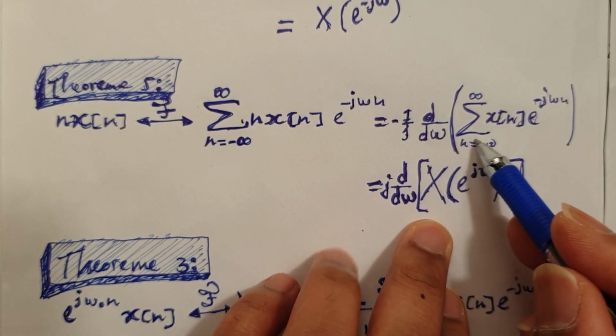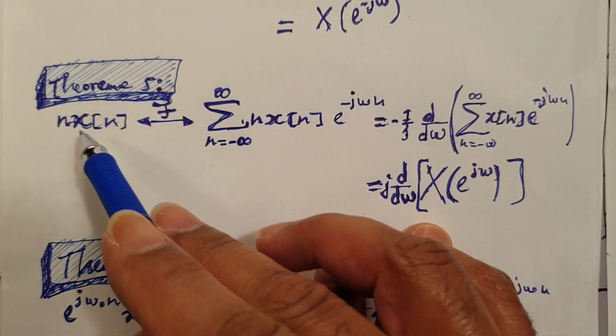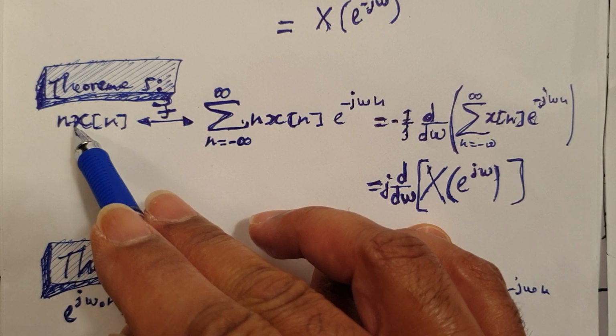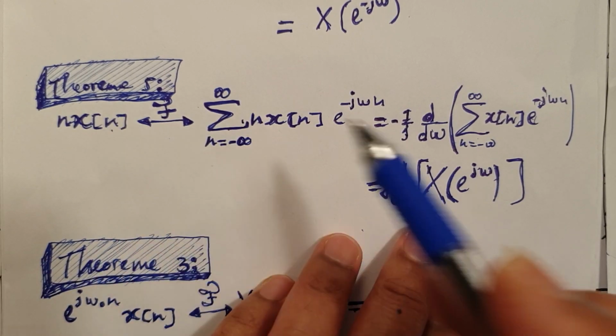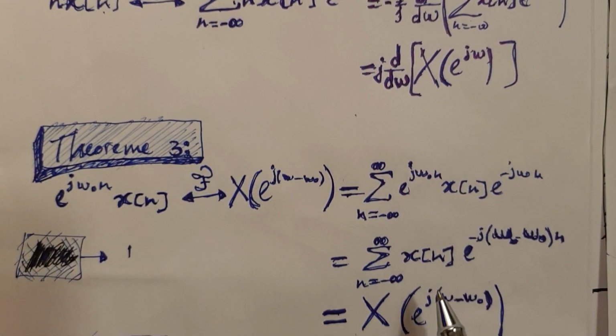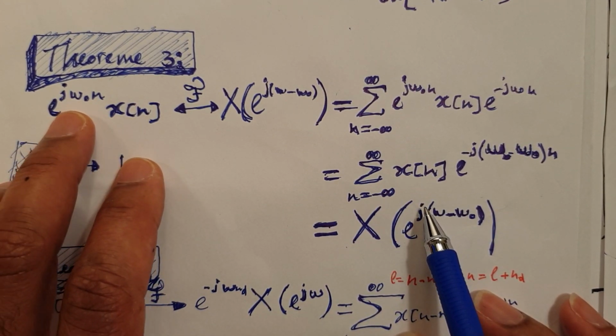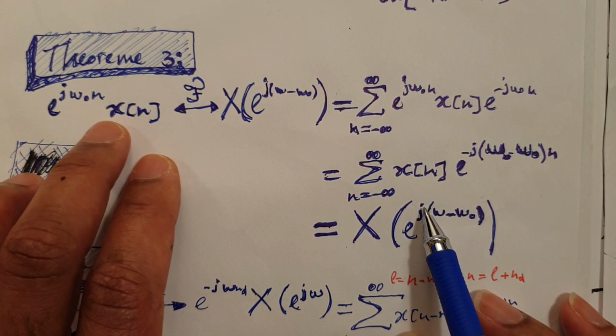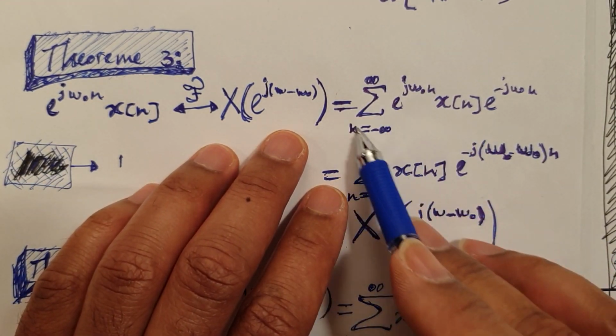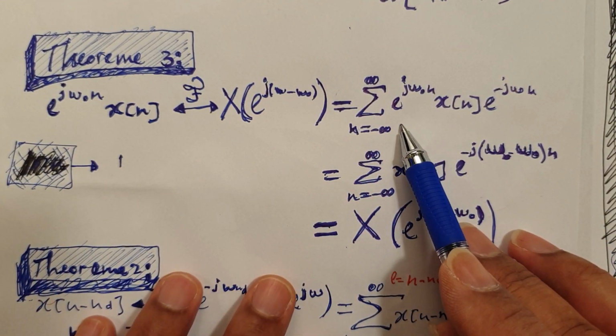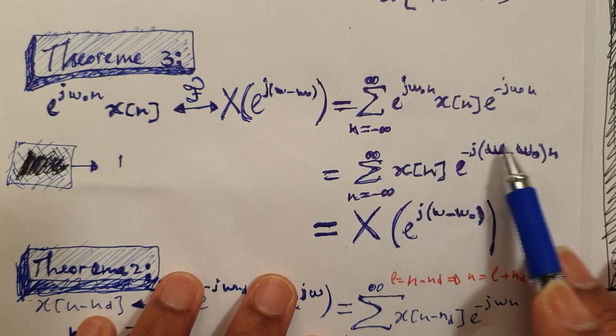And then we have this case of when the signal is n x of n. You have another theorem here for this case, when you have a sequence multiplied by a complex exponential. Again, you plug it in the Fourier transform formula, and you analyze a little bit, you put them together.